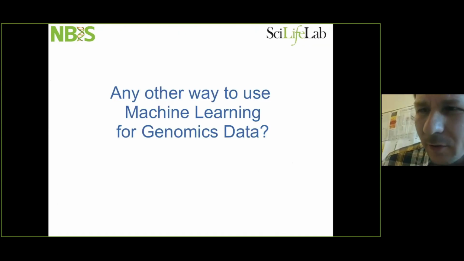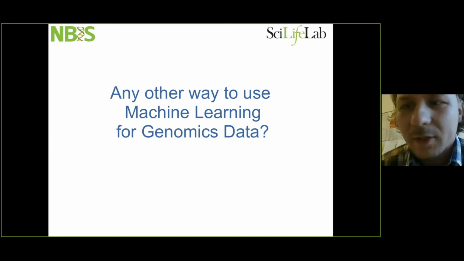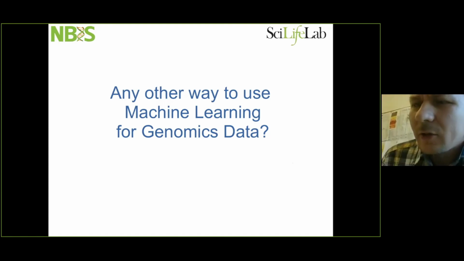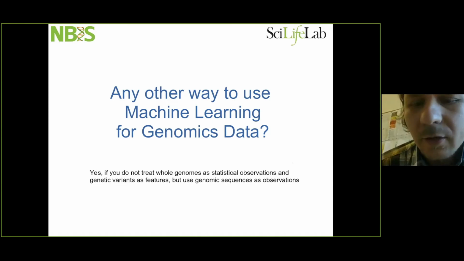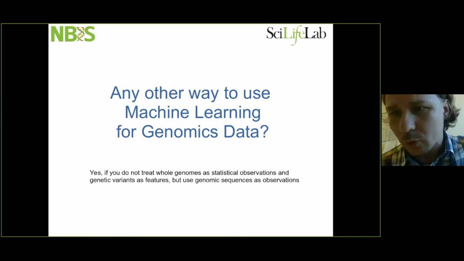So far I've been a little bit pessimistic, but still, can you use machine learning on genomics data? It turns out that there is a straightforward way if you don't consider one genome from one individual as a statistical observation.